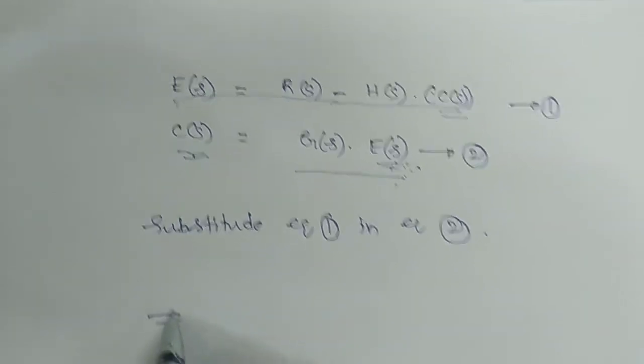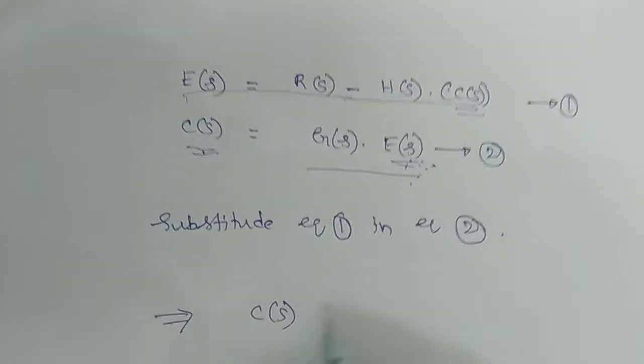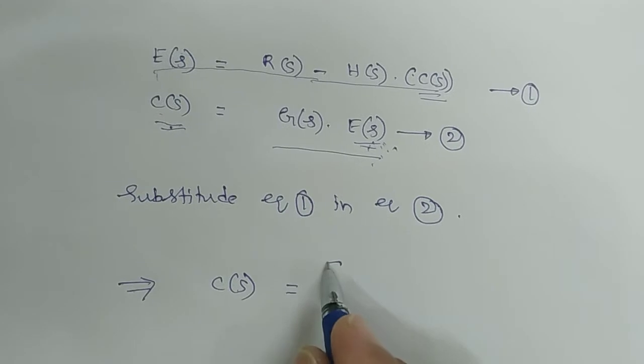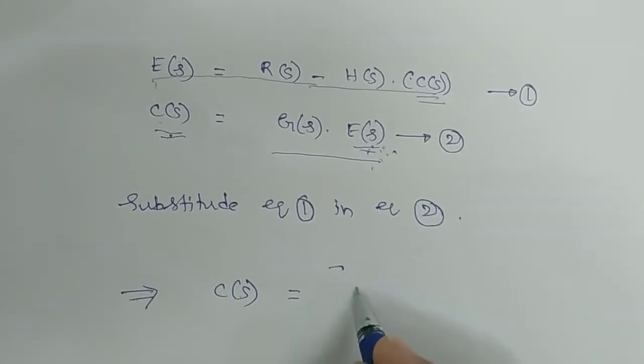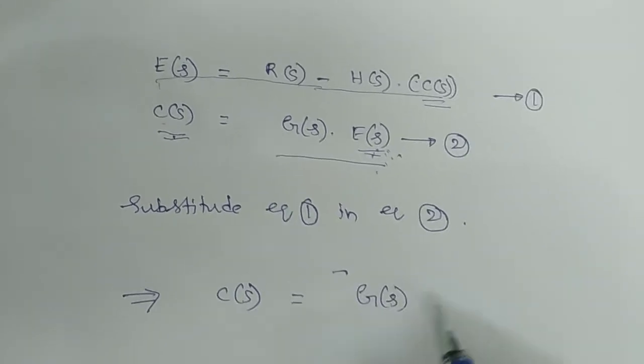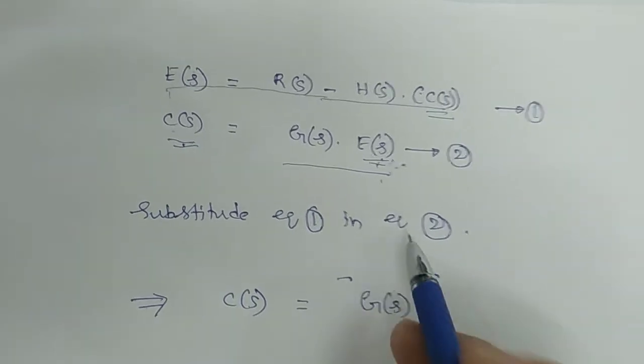This implies C(s) is equal to G(s) into E(s), no?